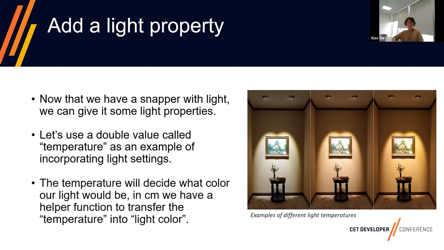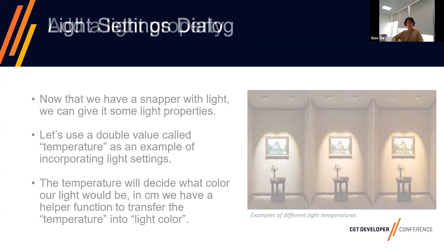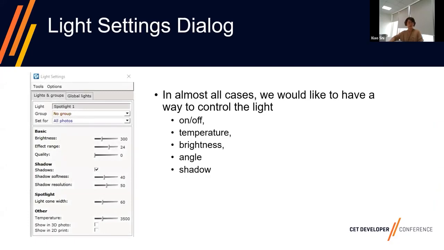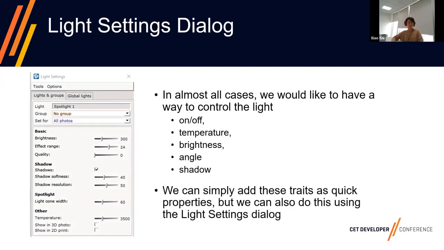But for now, I just want to introduce the light setting dialog I just talked about. The dialog is like an alternative to the grid property that allows you to bind or unbind your snapper into a light group and change it all at once.